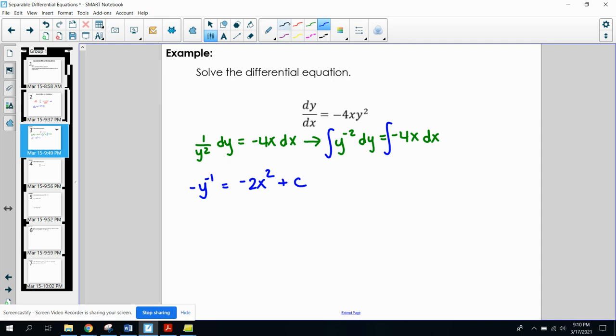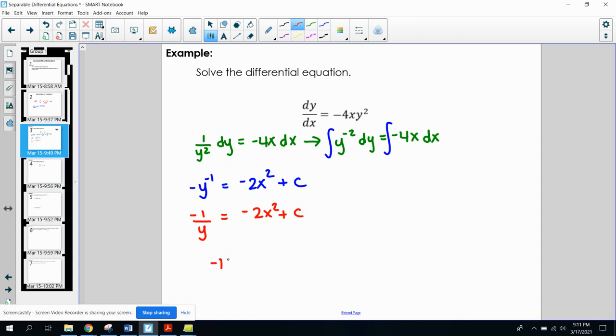From here, I'm going to rewrite this as negative 1 over y equals negative 2x squared plus c. I want to get y by itself, so I'm going to solve for y. I can multiply both sides by y and then divide by negative 2x squared plus c.